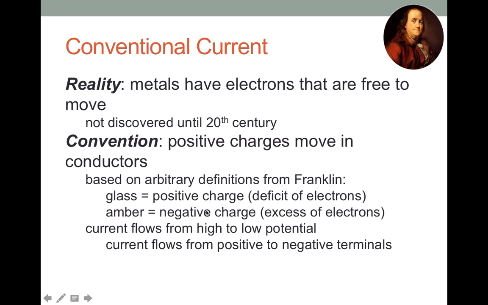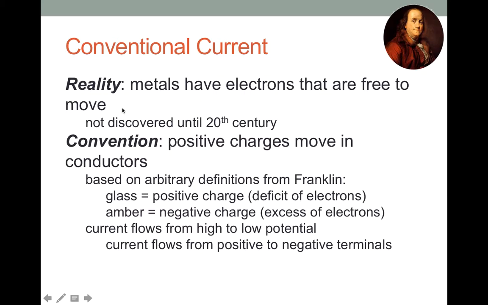However, as it turns out, we now understand atomic structure a little bit better, and it turns out that what's actually flowing is electrons off from amber, and that means electrons flowing onto amber, which actually means amber has a negative charge because it's gaining electrons, and glass has a positive charge because it is losing electrons. This then means that conventional current, which is based on Ben Franklin, is positive charges moving in one direction.